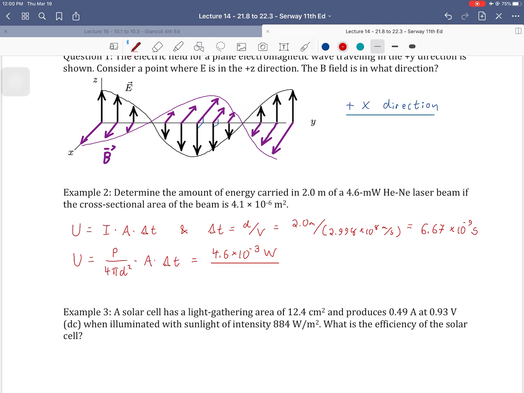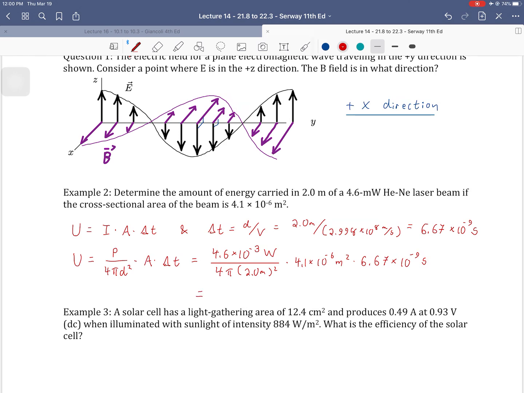Okay, so our 4 pi and then 2 meters squared, because that would be the intensity at that distance, and then we'll multiply by the cross-sectional area, the 4.1 times 10 to the negative 6 square meters, and then multiply by the delta t, because that's the total energy over that time. Okay, so the amount of energy carried. Okay, so then we'll multiply by our 6.67 times 10 to the negative 9 seconds. Okay, because then we're getting the entirety of the beam.